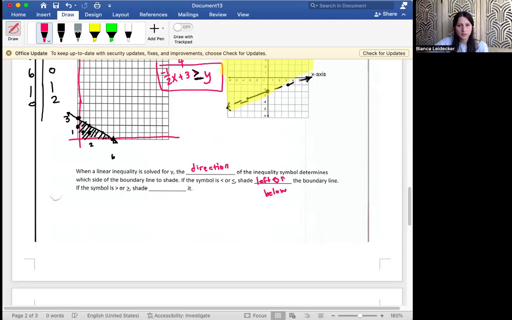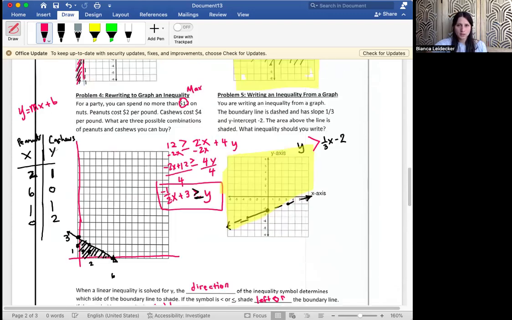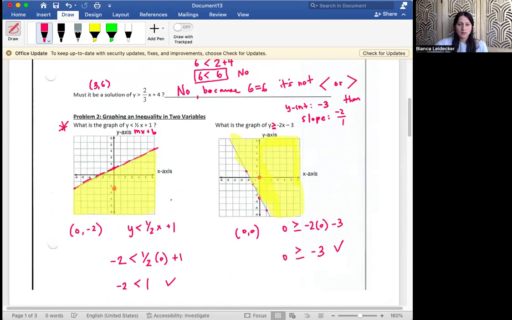If the symbol is greater than or equal to, shade to the right or above it. And we can glance back at all the inequalities that we looked at earlier and see this to be true.